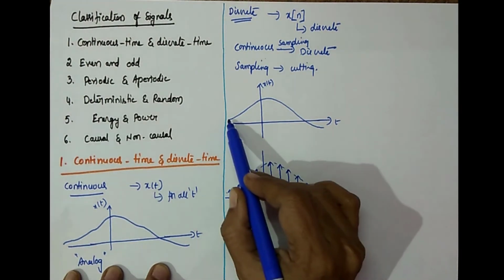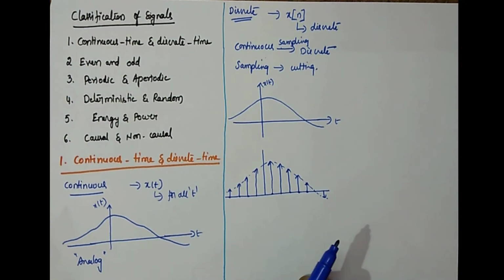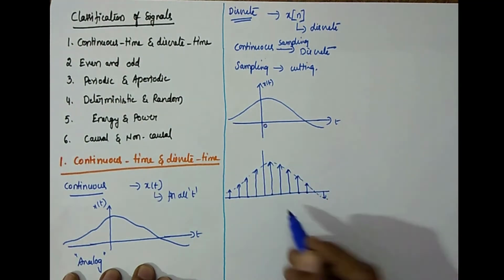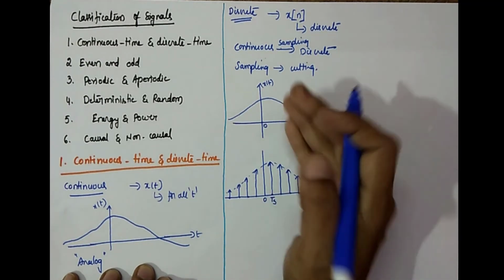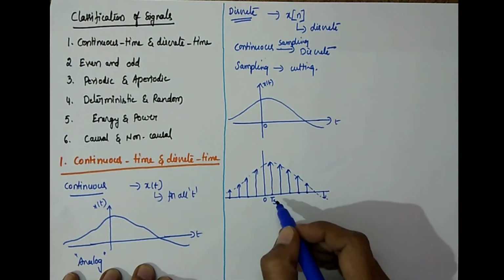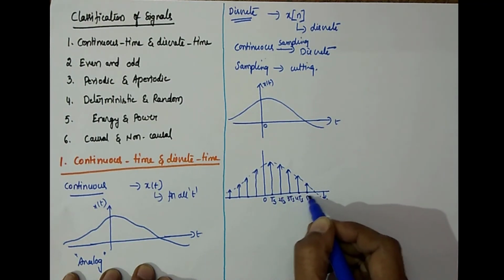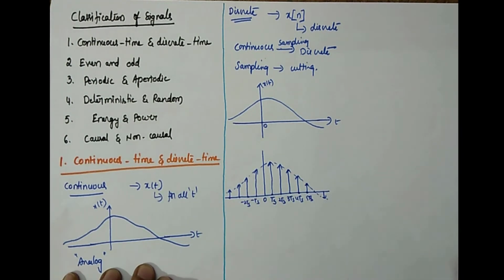Well, simply, yes, sample your continuous signal. Means we made cutting for the continuous signal. How? It is 0. At every TS, you have to cut your signal. TS, then cut at this point. TS, then 2 TS, then 3 TS, 4 TS, 5 TS. Here it is minus TS, minus 2 TS, etc.